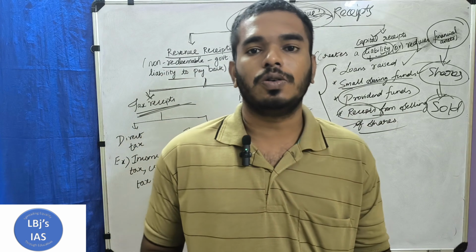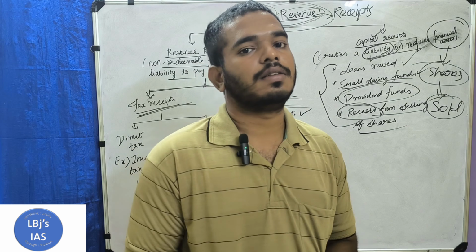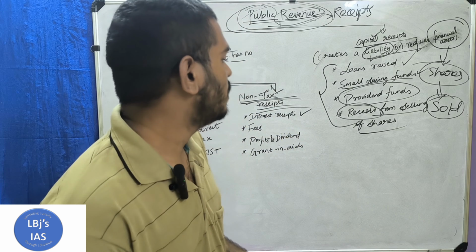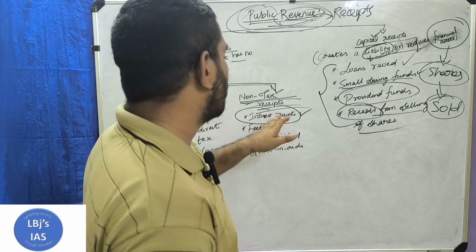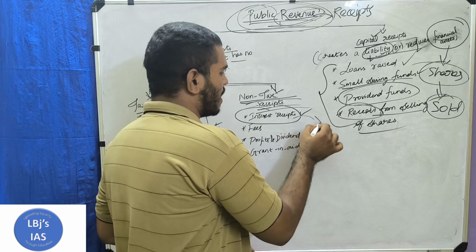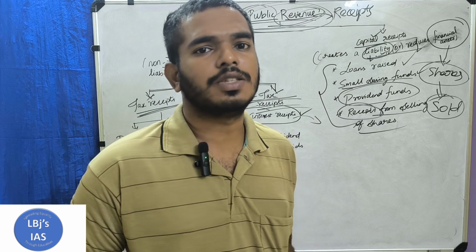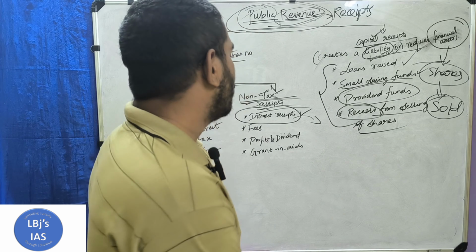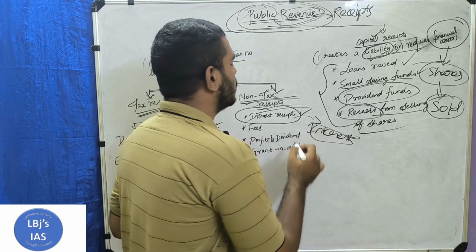The government gives loans to various people, organizations, and governments, such as state governments. For the loans the government has given, it receives interest on that money.